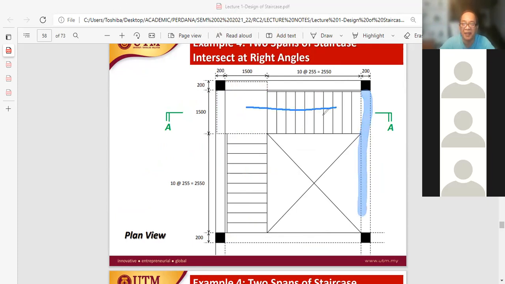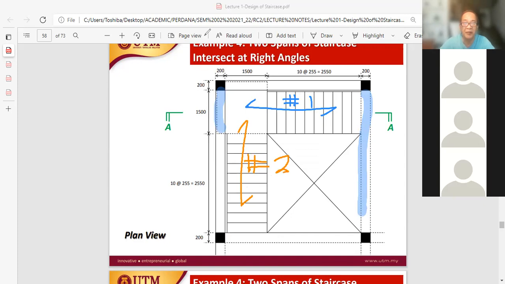Remember, this is our flight number 1 in blue. I've maintained the same support for flight number 1. However, for flight number 2, flight number 2 is this flight. This is flight number 2.